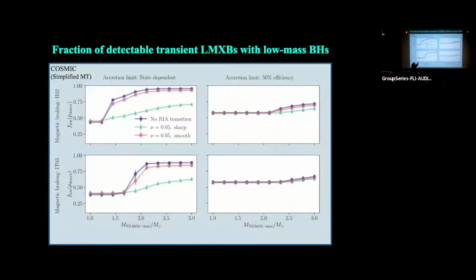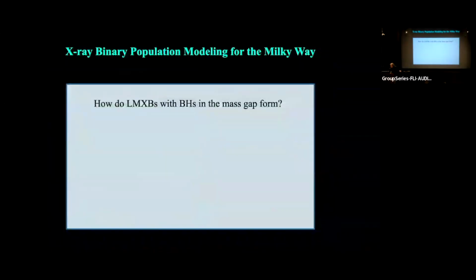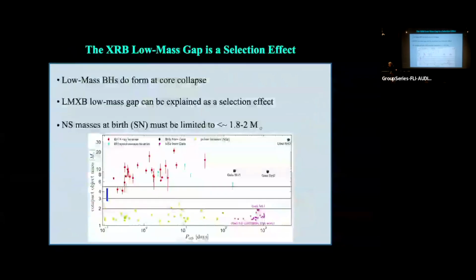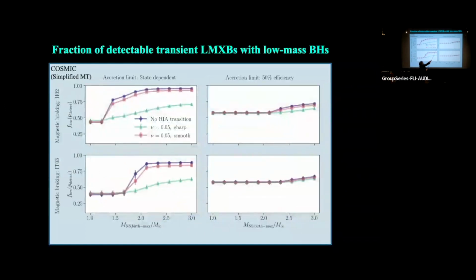This is the difference: this has an accretion limit too. This is fully conservative below Eddington. You go from 40%, and if you do 50%, you go a little above 50%. You accrete more, you move further.